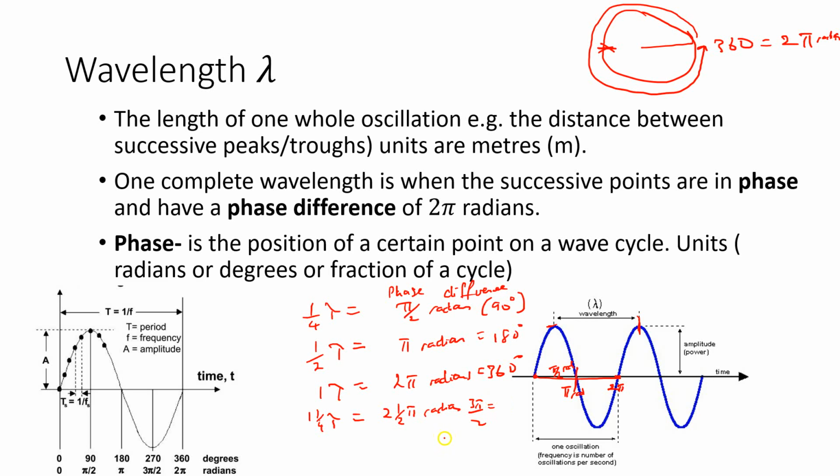So it's just something that we must understand, and it says what we mean by a phase. A phase is the position of a certain point on a wave, and the units can either be in radians, in degrees, or in terms of a fraction of a cycle.